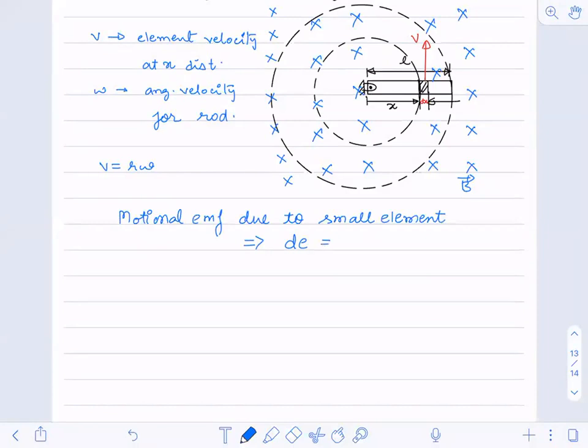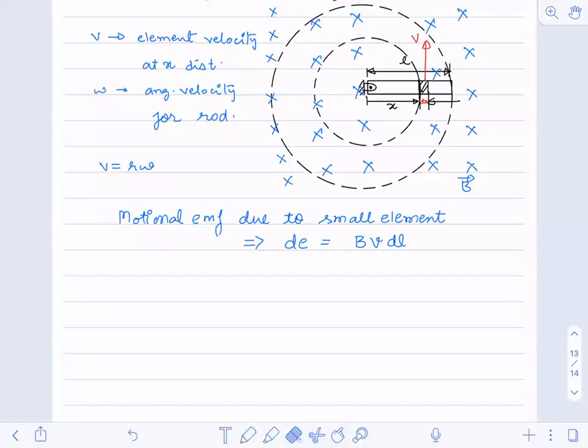Now, v is the velocity of the element and B is the magnetic field. So B v into dL. Is that correct? B v into dx, sorry, dx. That element is having a size dx.